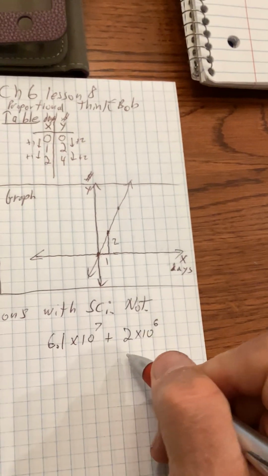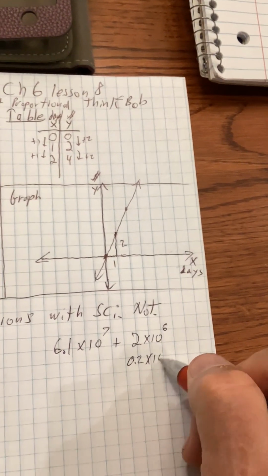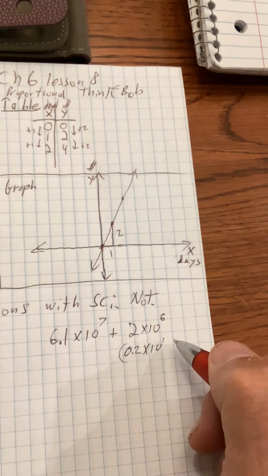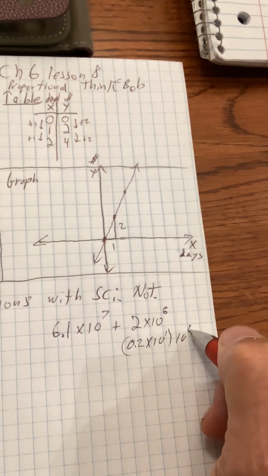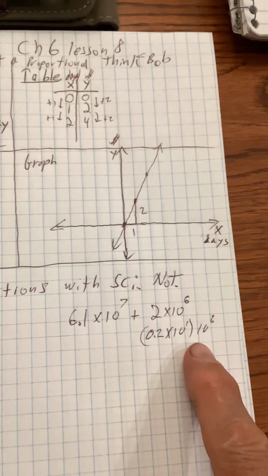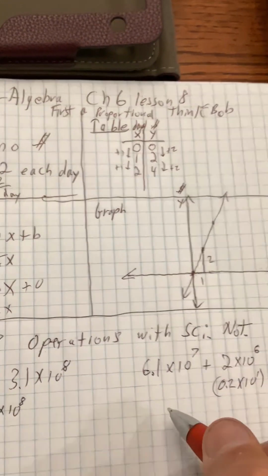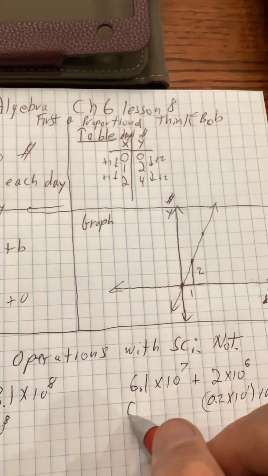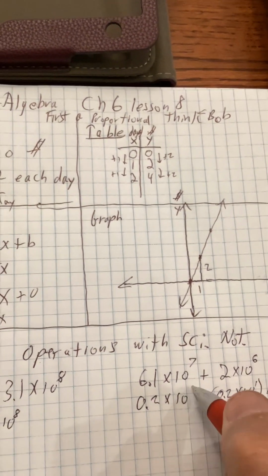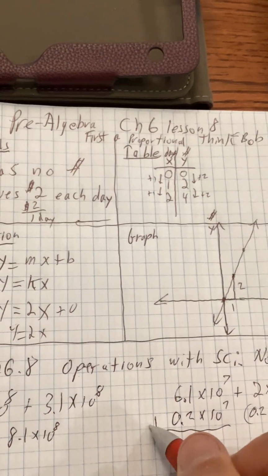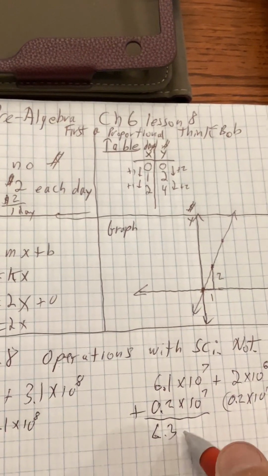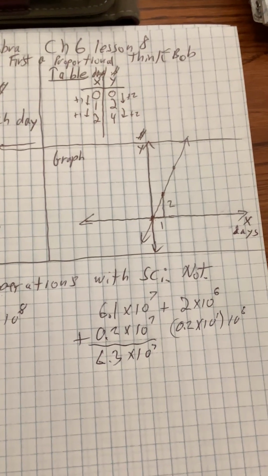This is 0.2 times 10 to the 1st times 10 to the 6th, so that's 0.2 times 10 to the 7th. Now you can add, and you get 6.3 times 10 to the 7th. So that's the idea there, all right?